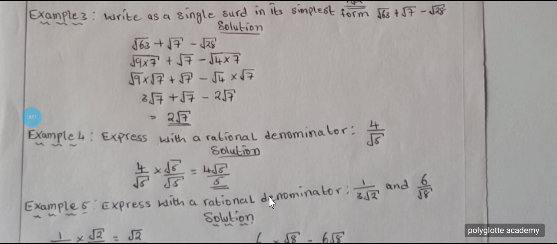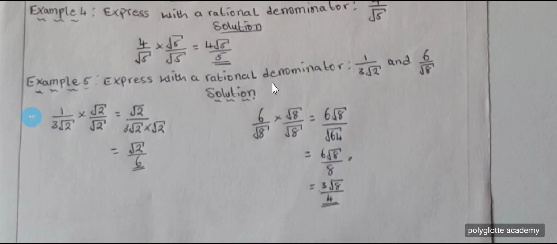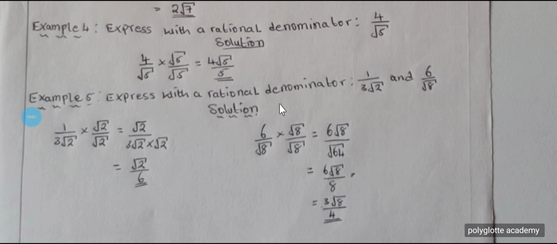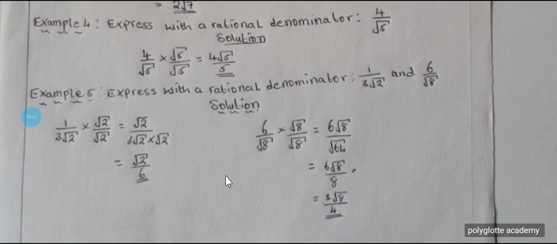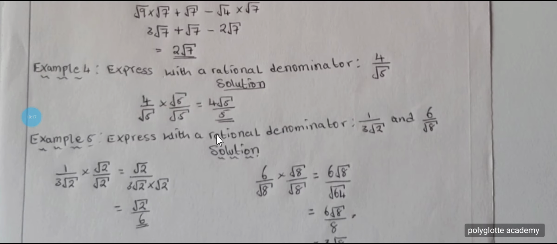The next problem here is example 4, which is express with a rational denominator. So we are going to see how we can simplify a surd fraction.